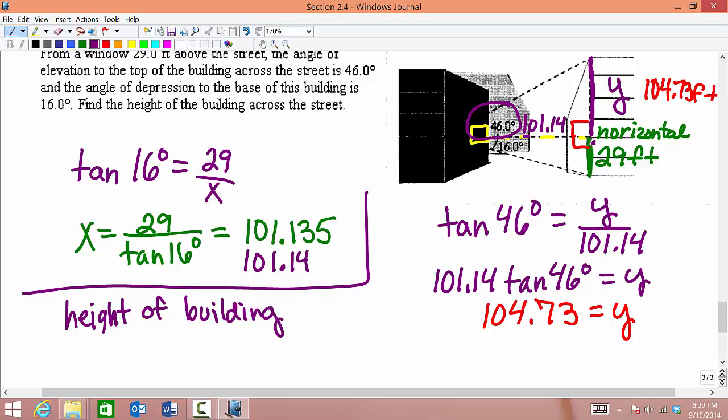Of course, the height of the building would have to be from the base of the building to the horizontal, so 29, plus from the horizontal to the top of the building, which we found to be 104.73 feet. And when I add those two together, I get 133.728.